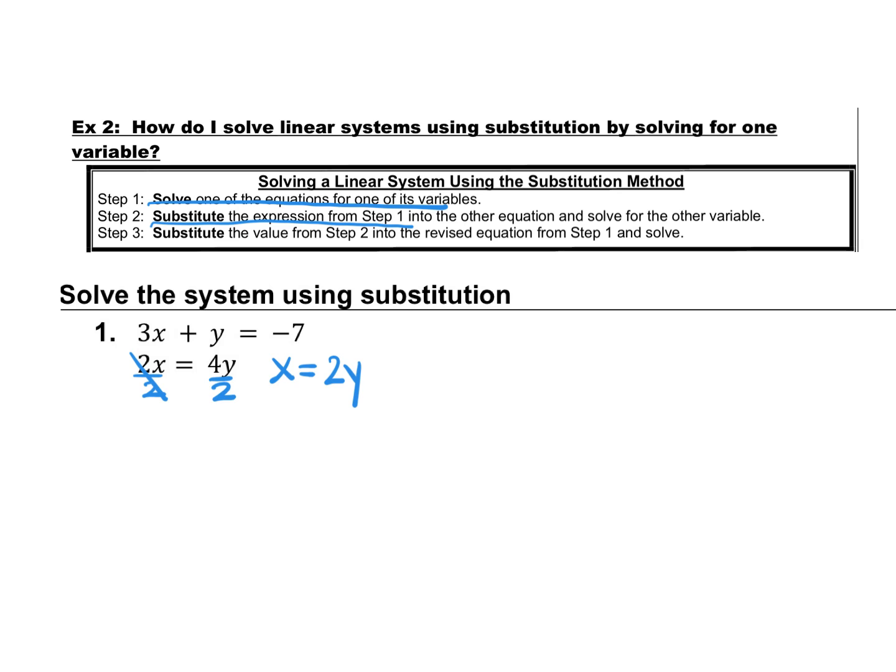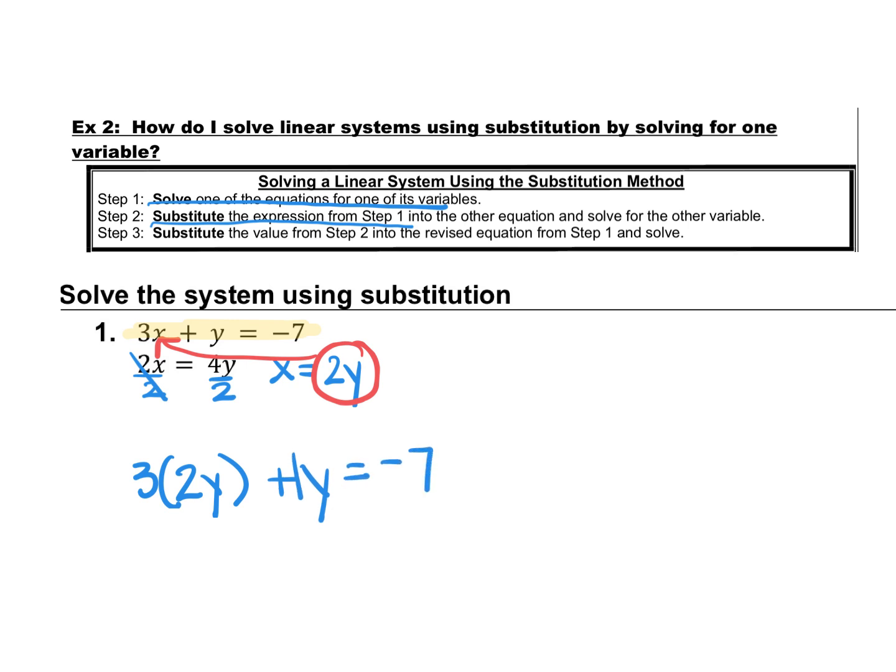Now the next step then is to plug that value into the other equation. So we're merging these two equations. So I'm going to take this negative 2. We're saying x is 2y. So let's take 3 times 2y, and now we're just going to write the rest of the equation we're working with right here: plus y, or we could even put a 1 there, is equal to negative 7.